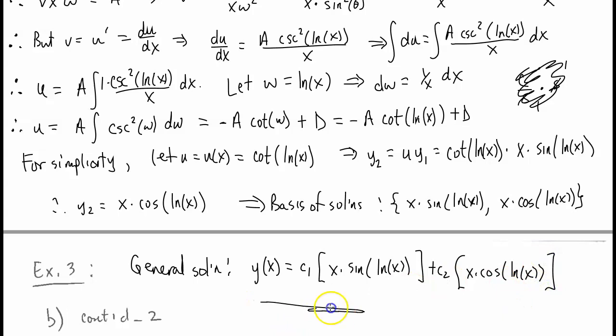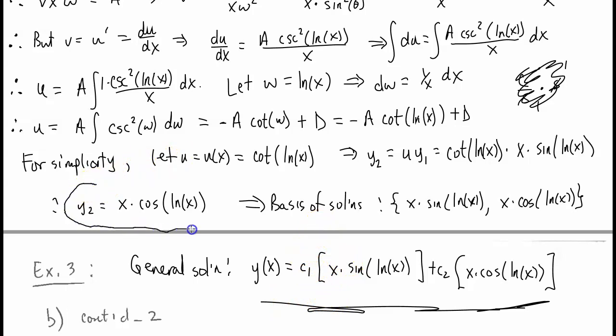Okay, and so this is any linear combination, which means if I take both of these functions and multiply them times any assortment of constants, and plug this back into my differential equation, I would see that it would satisfy. And so this is what we were looking for.